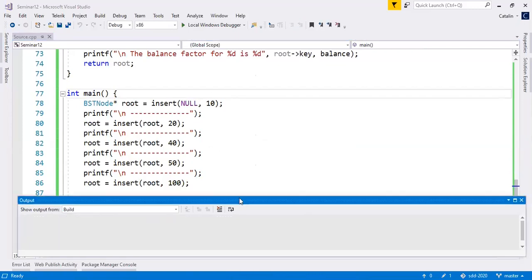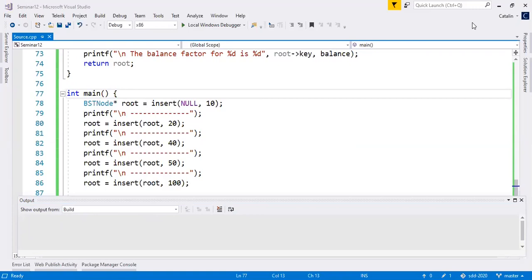In this case, if we count the current level, the accepted values for balance factor will be 1 and 2, and 3 means it's already unbalanced. So Control F5, Control F5.